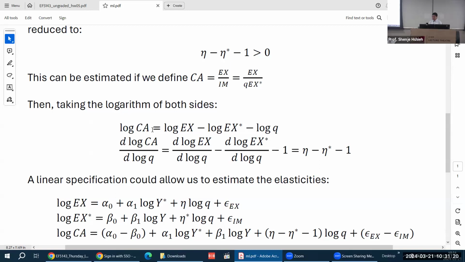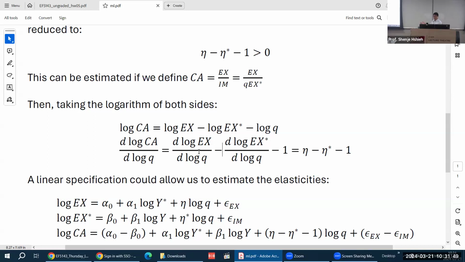Taking the derivative of both sides with respect to log Q means everything is written in terms of percent changes, right? This is just the rule of changes again. In which case we get exactly this, right? Eta minus eta star minus 1. So to get eta and eta star is quite easy because all we have to do is regress log EX on log Q.